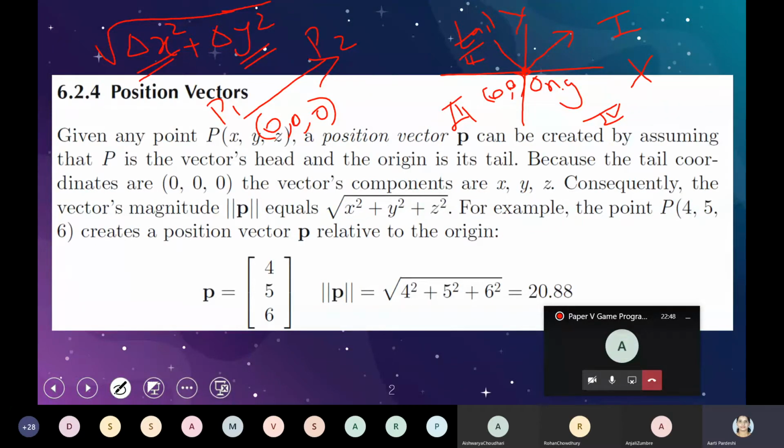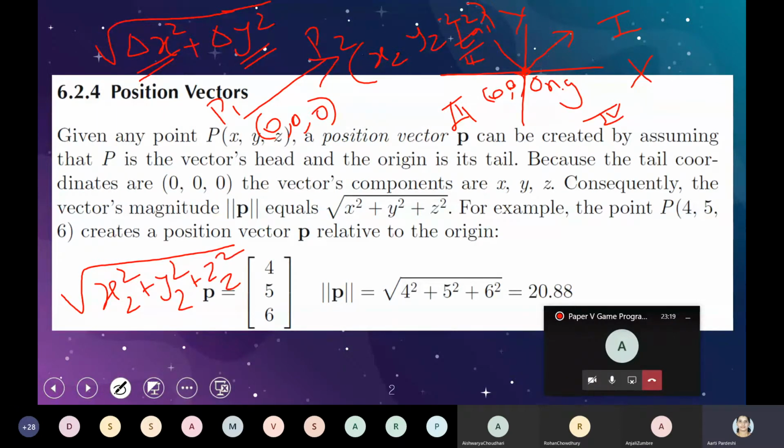Directly it is nothing but this P2 point, like x2, y2 and z2, if you are considering the 3D coordinates, because x1, y1 and z1 will always be 0. So if a 3D vector is there, then the magnitude will be the square root of x2 square plus y2 square plus z2 square. I am writing x2 right now, but later on we will shift it to x.